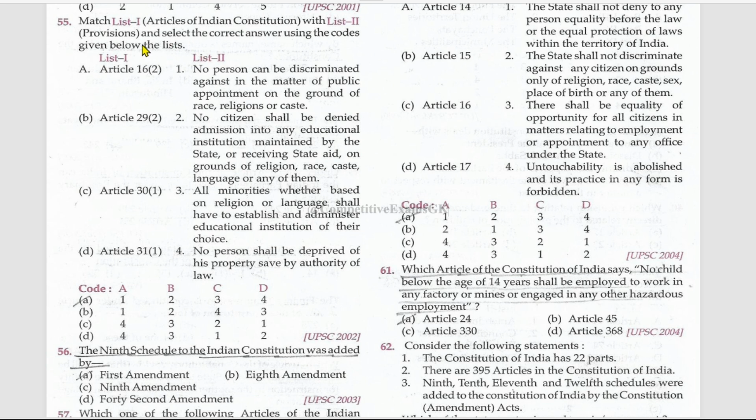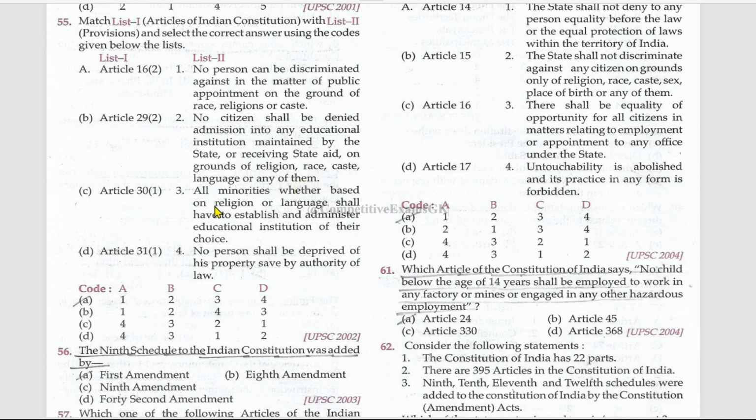Another matching, list one of the articles and list two of the provisions. Article 16.2, no person can be discriminated against in the matter of public appointment on the ground of race, religion, or caste. Article 29.2, no citizen shall be denied admission into any educational institution maintained by the state or receiving state aid on grounds of religion, race, caste, language, or any of them.